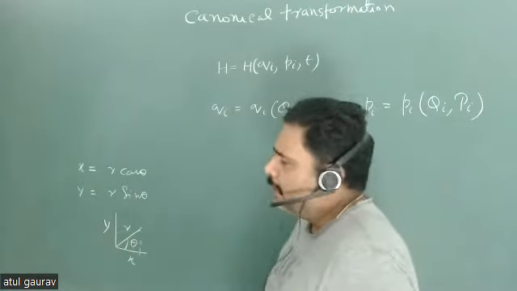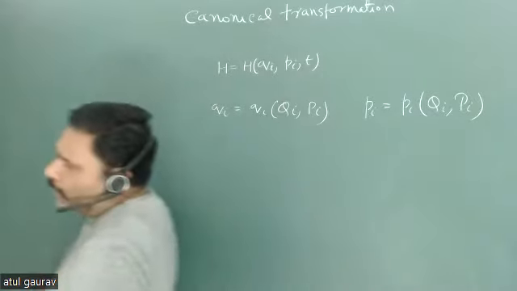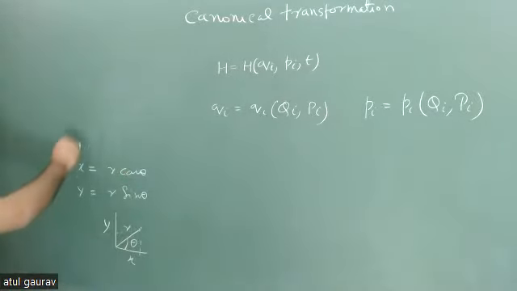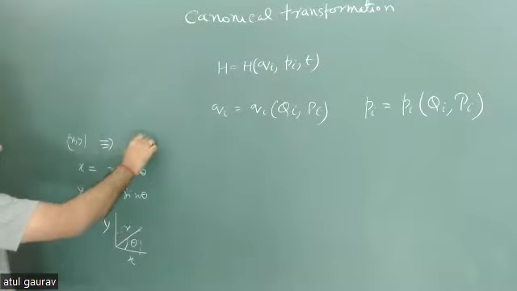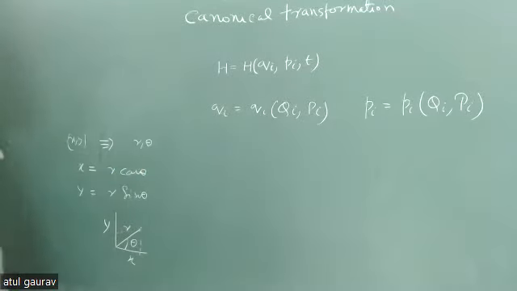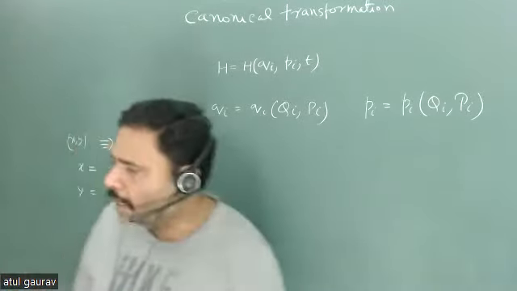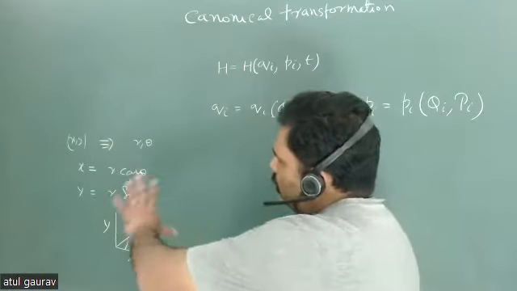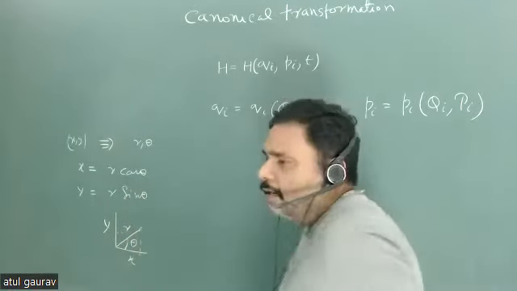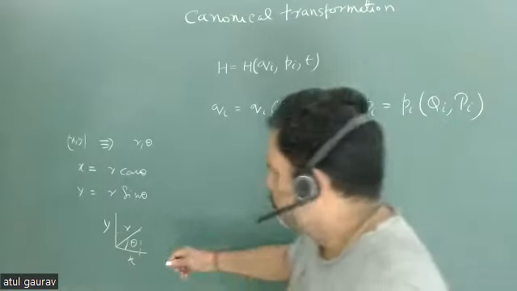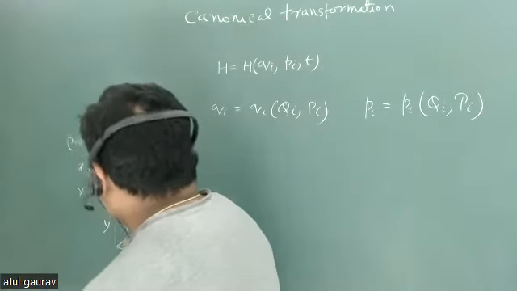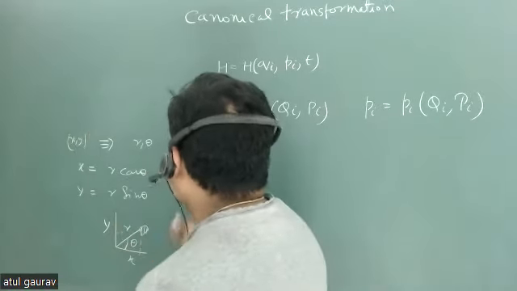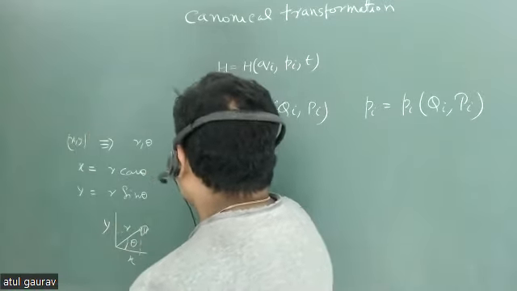Initially your generalized coordinates are x and y, and after transformation your generalized coordinates are r and theta. Now if you want to calculate some elemental area, suppose this is my elemental area, then what will this area be in xy coordinates?